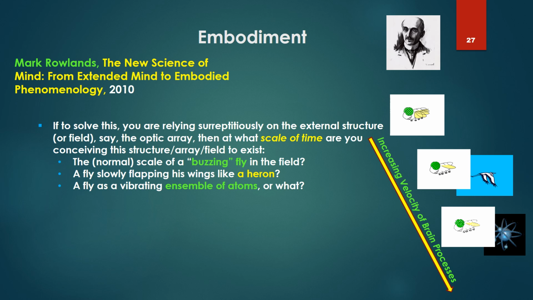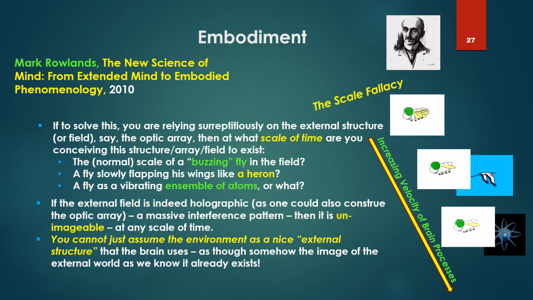As I've noted before, you have the buzzing fly of normal scale, a fly flapping his wings like a heron, a fly as an ensemble of atoms. I'm dubbing this the scale fallacy, because we're going to see this again in Rowlands.